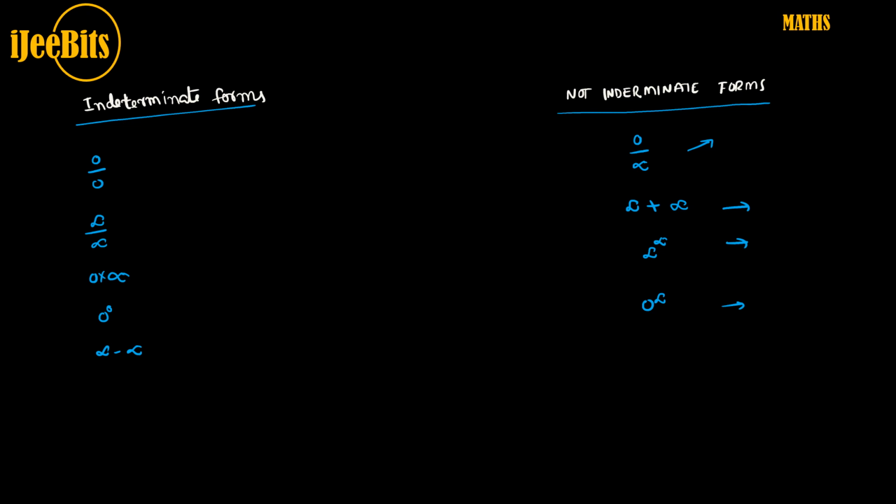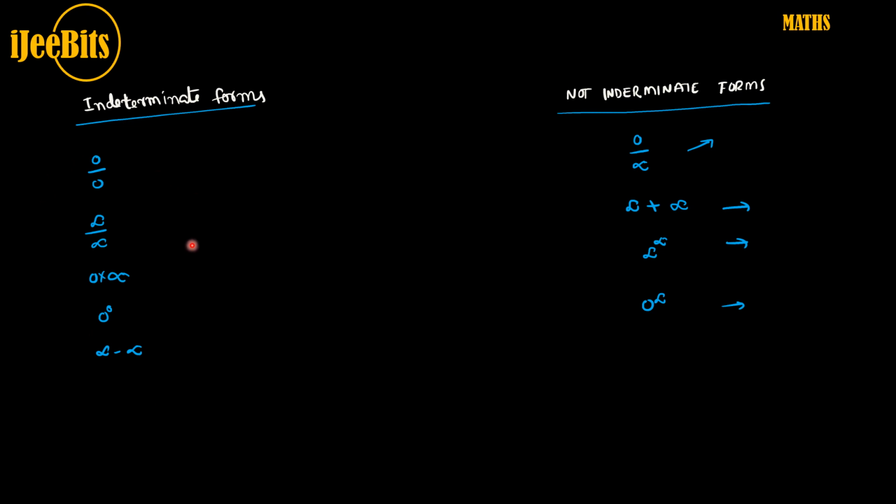For a given problem statement, you always have to figure out whether the given sum is of indeterminate form or determinate form. If it is 0 by 0, infinity by infinity, 0 multiplied by infinity, or infinity minus infinity, if you have equations like this, you will always remember, right?